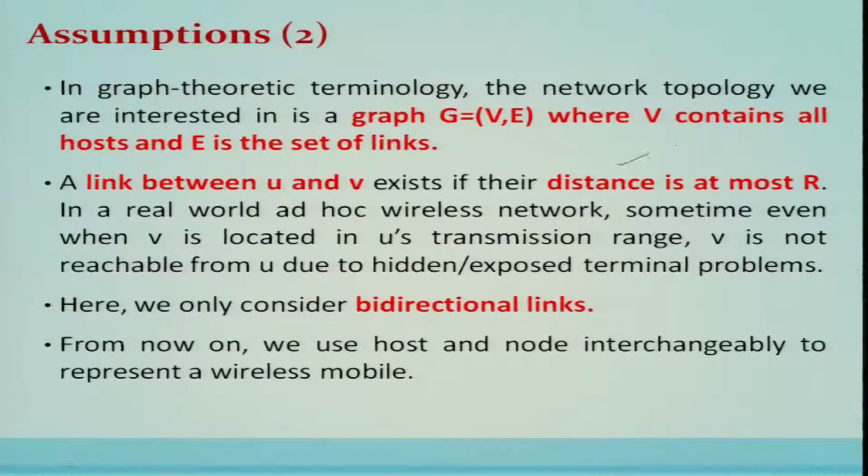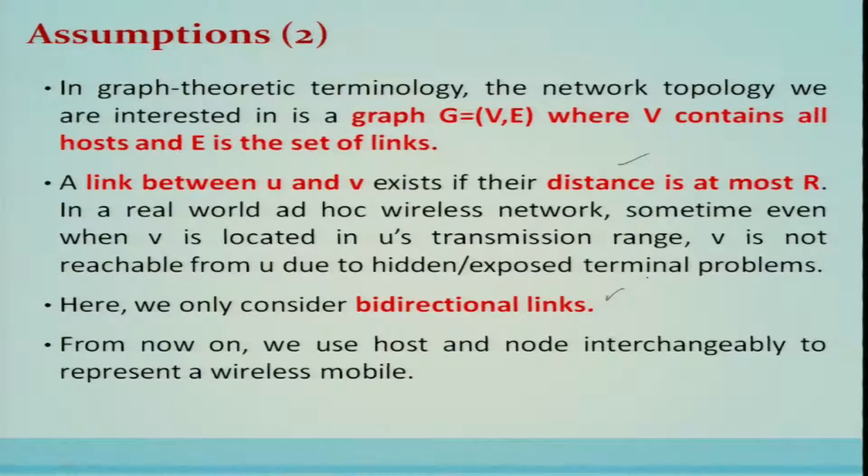We also assume that these links are bidirectional, that is, both sides of the edge can communicate with each other wirelessly, using the omnidirectional antenna in the wireless sensor network. From now on, we will use host and node interchangeably to represent the wireless mobile node.